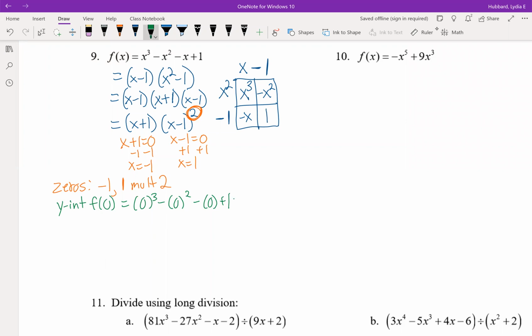And so all of this is just going to equal out to be 1, because it would be 0 minus 0 minus 0 plus 1. Oh, I wrote 0. Good Lord. Okay. So our y-intercept is 0, 1.